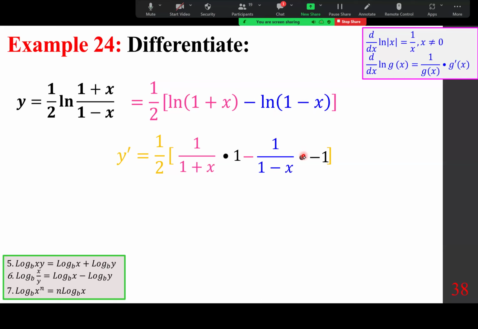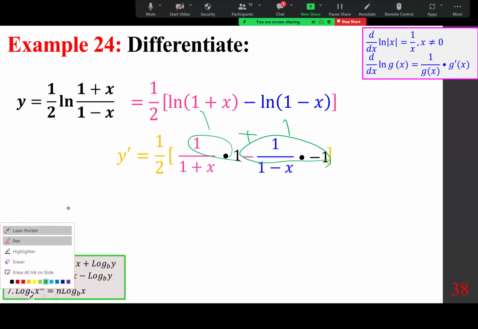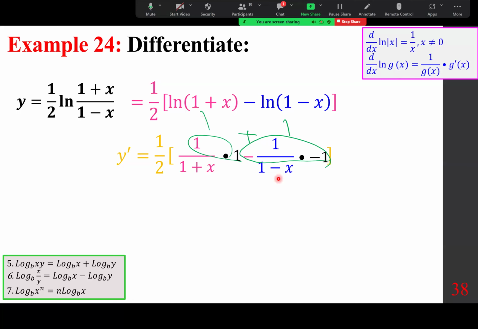And so we are going to take a common denominator of 1 plus x times 1 minus x. Please understand this is 1, everybody. This is 1. And this is plus 1, okay? So 1 times 1 minus x plus 1 times 1 plus x, and the denominator, of course, 1 plus x times 1 minus x.